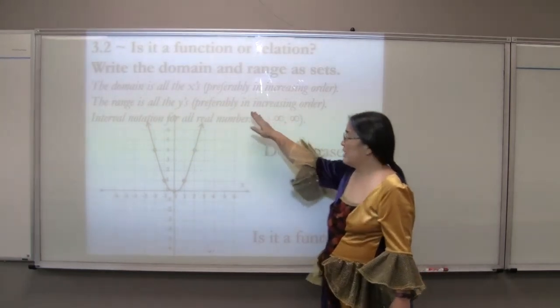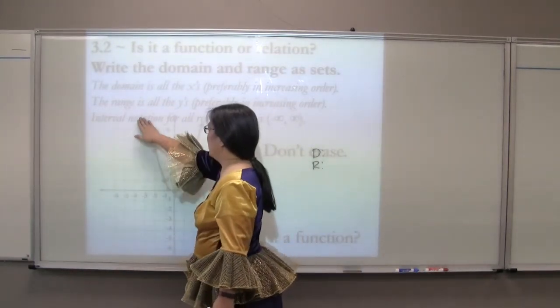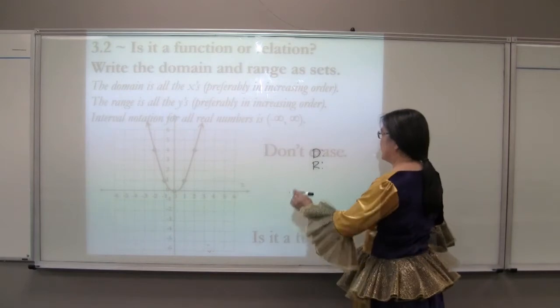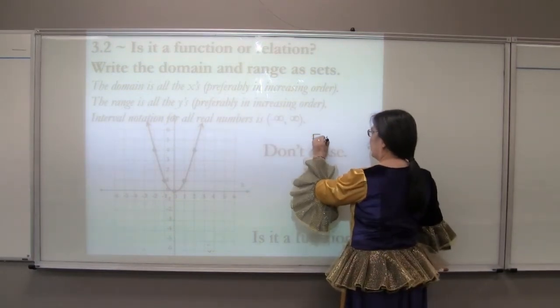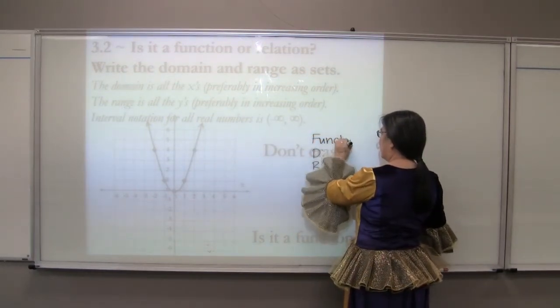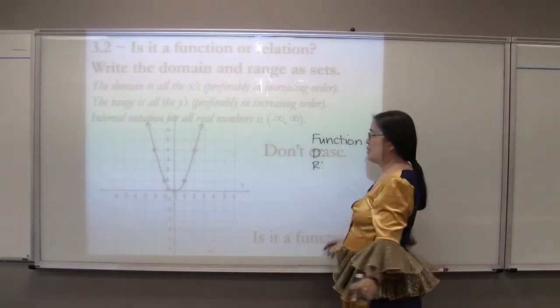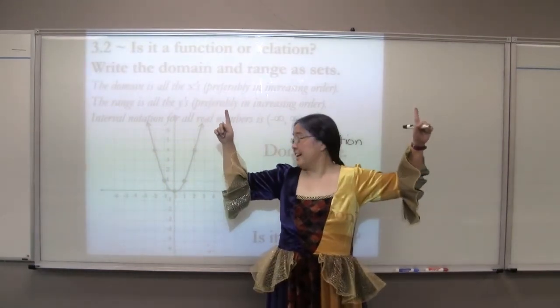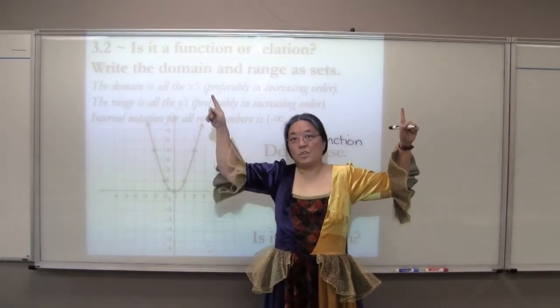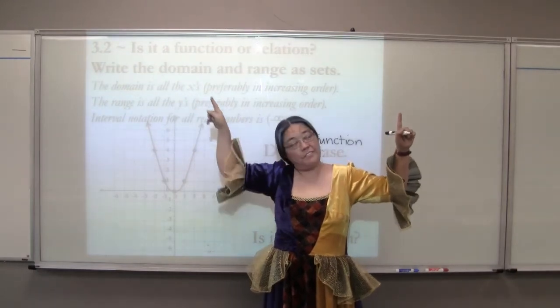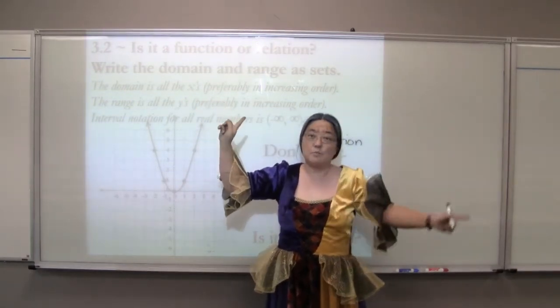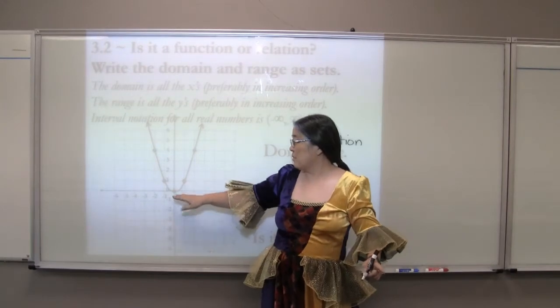So as we go across, it passes the vertical line test. It is a function. All right, I'm going to draw a graph here, looks like that. How far does it go? It goes all the way down to negative infinity and all the way up to positive infinity, but wait, how low does it go for our range?